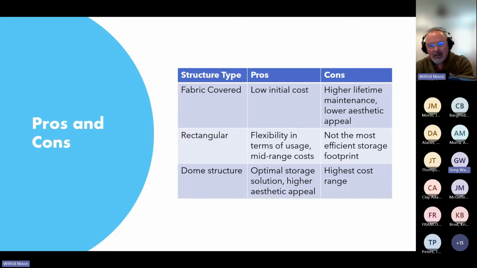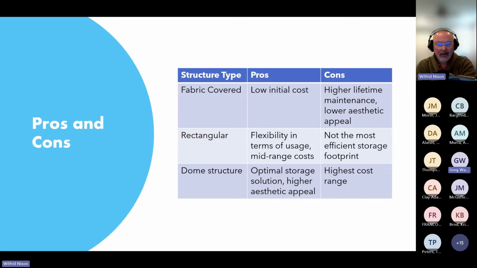The rectangular shed type structure, definitely flexibility in terms of usage. I mentioned that storage along the side of the buildings. Others use these sorts of structures to do things like, for example, load trucks inside undercover, and so forth.